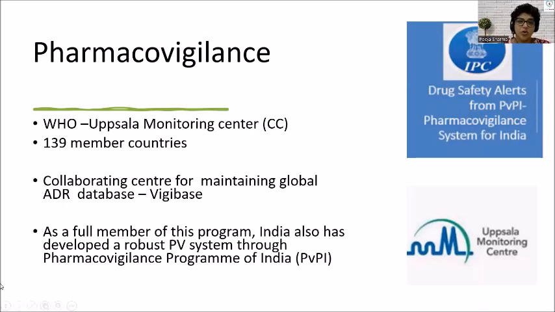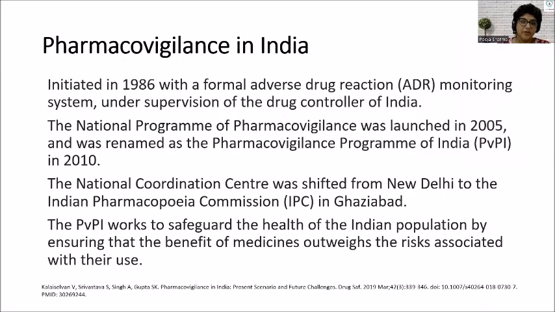So India is also a full member of this program and has developed a robust pharmacovigilance system through the Pharmacovigilance Program of India, also called PVPI. Now, pharmacovigilance in India started in 1986 with a formal adverse drug reaction monitoring system, which was created under supervision of the Drug Controller of India and the All India Institute of Medical Sciences.